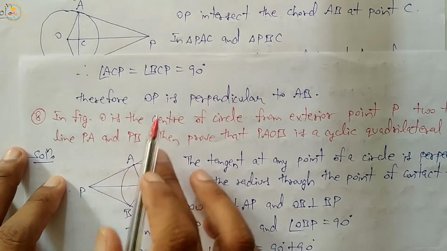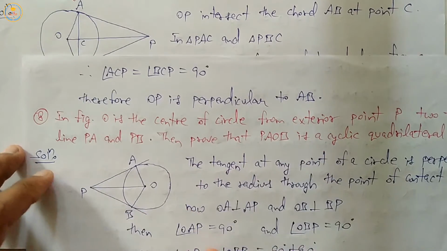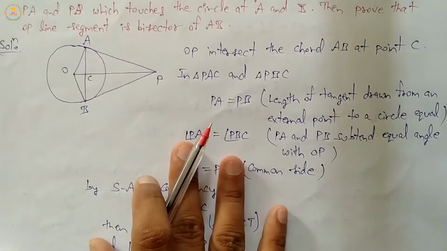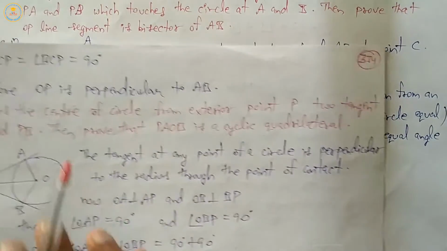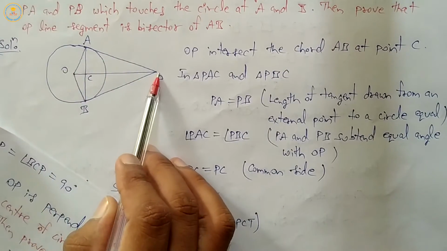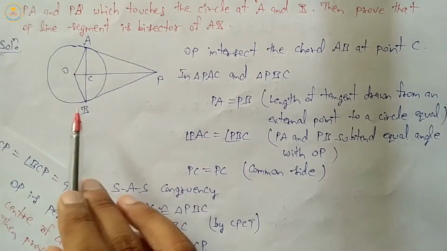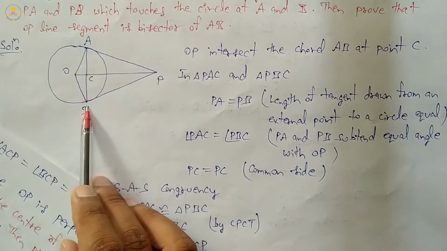Then we can say that OP is perpendicular to AB.